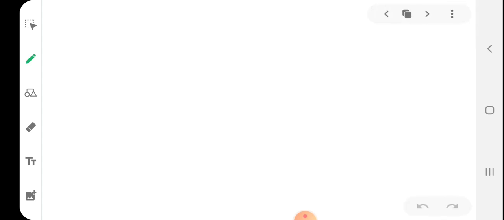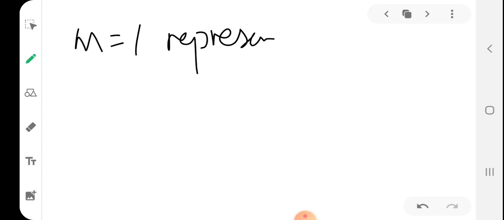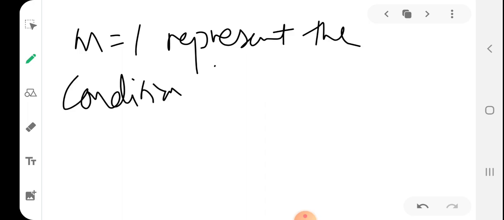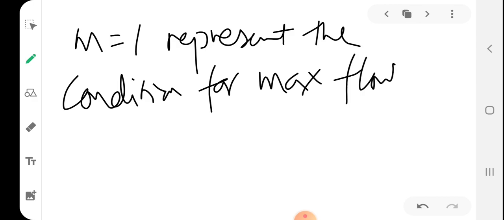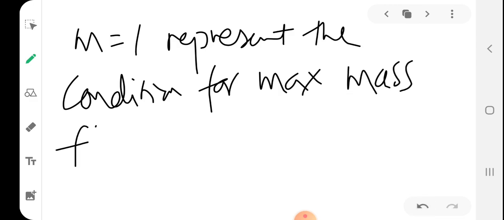So what do you get? M equal to 1 represents the condition for maximum mass flux. So at minimum flow area section, Mach number is unity.